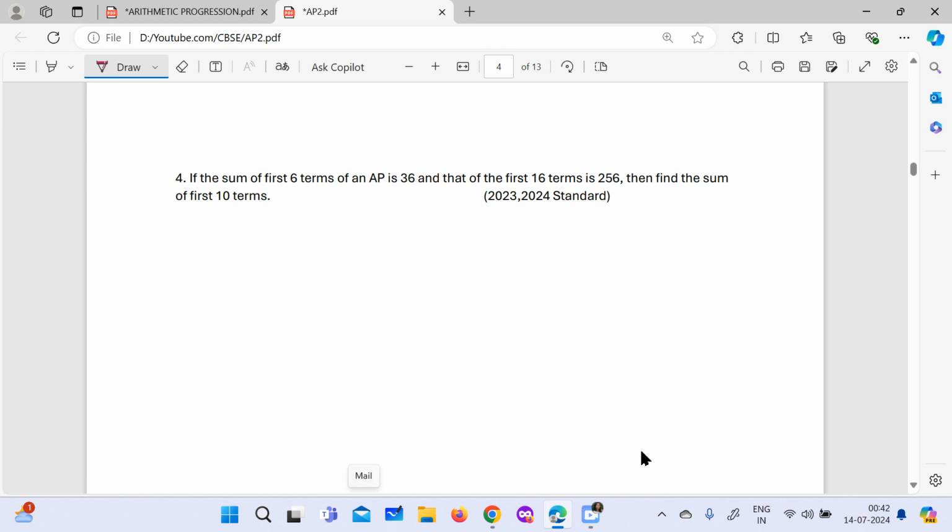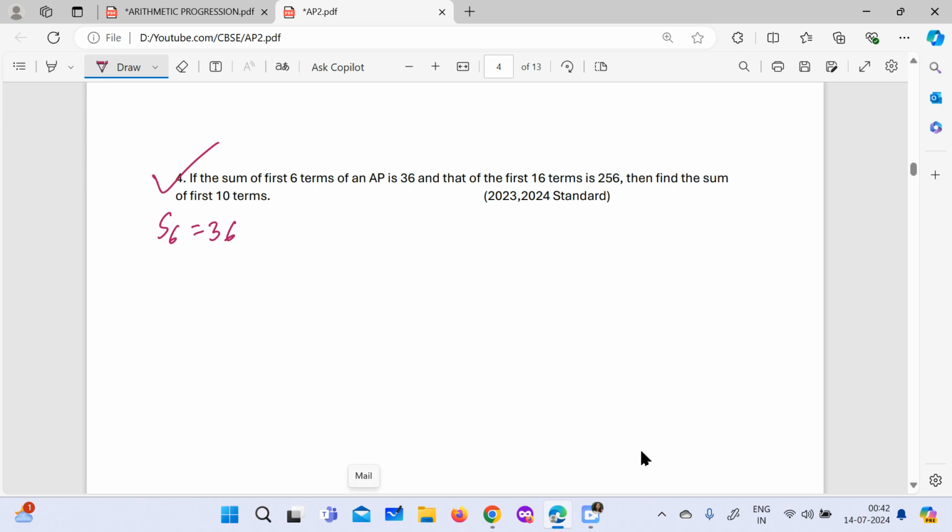Here, if the sum of first 6 terms of an AP is 36. So here you are given sum of first 6 terms. So I will write sum of first 6 terms will be represented by S6, which is 36, and that of the first 16 terms is 256.